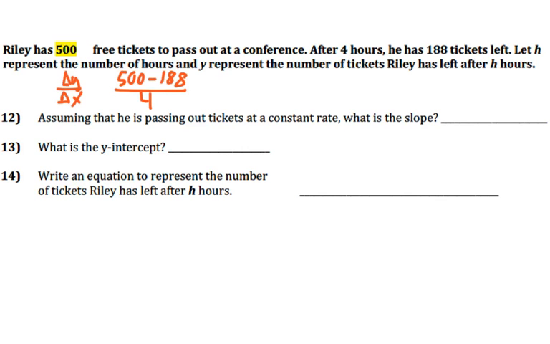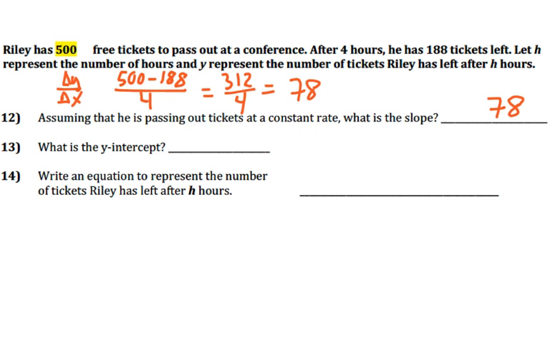So I take the 500 minus 188, and we get 312. And we stay with 4 in the denominator. And we can simplify this by taking 312, dividing it by 4, which gives us 78. So our slope, we would think, is 78.